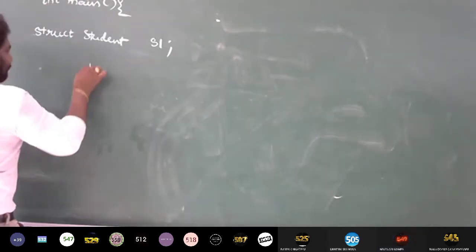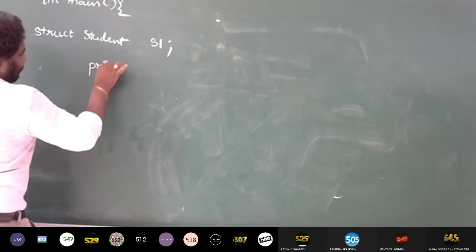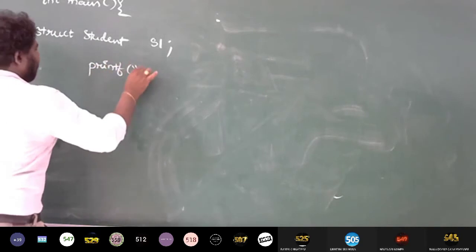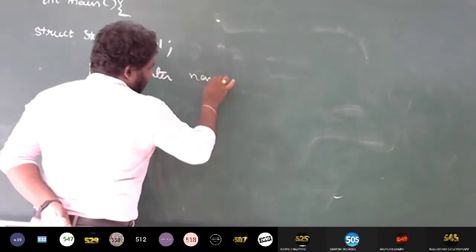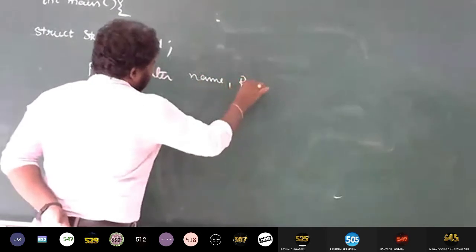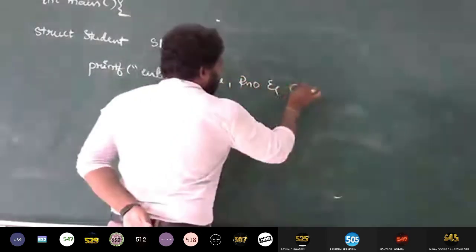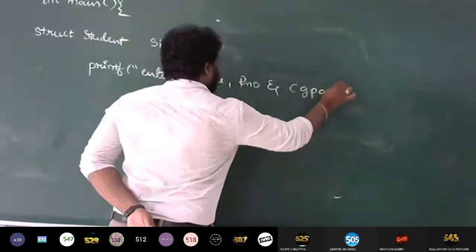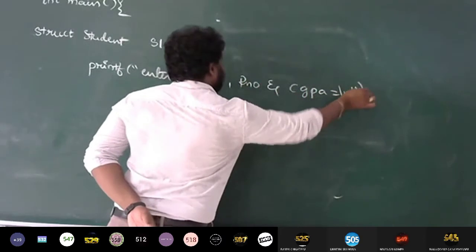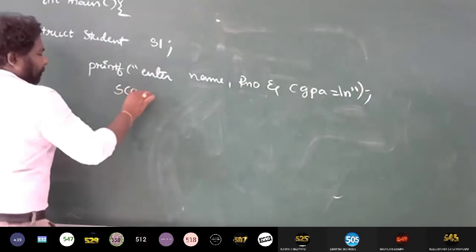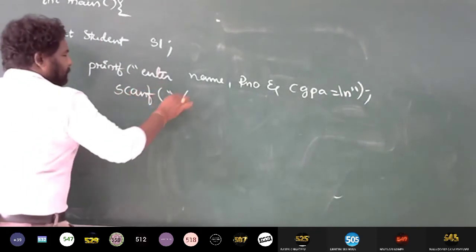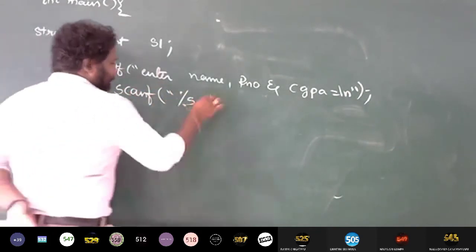Yes, sir. So if I want to give values from keyboard, what do I have to write? I will write something like this: printf, enter name, roll number, and CGPA. Right? This is how I write. Then I write scanf. First one is a string, percentage s.